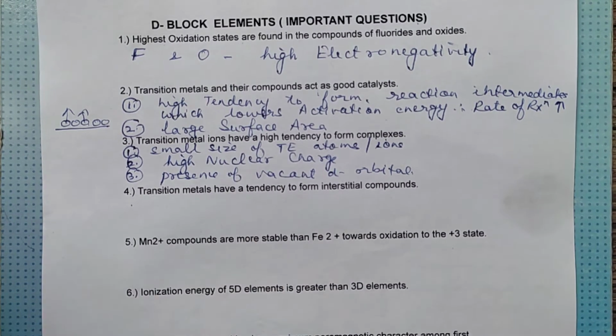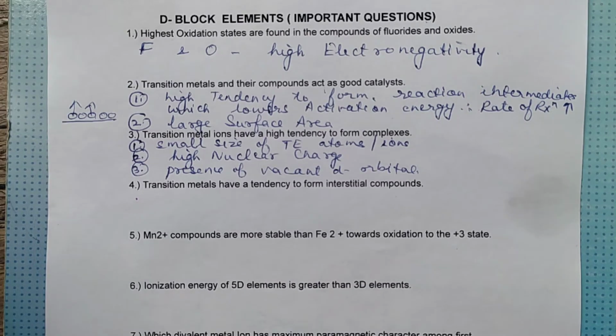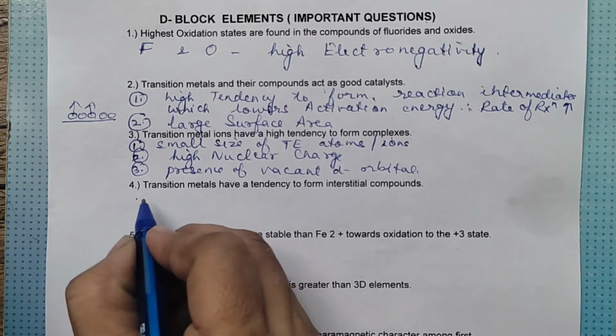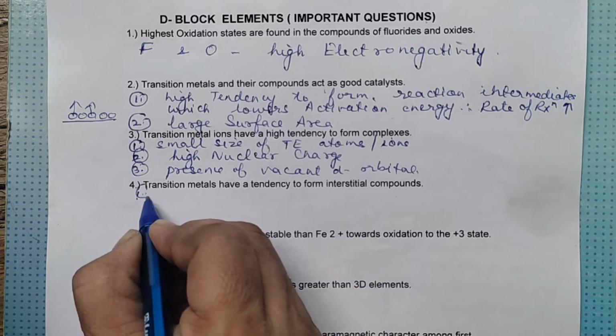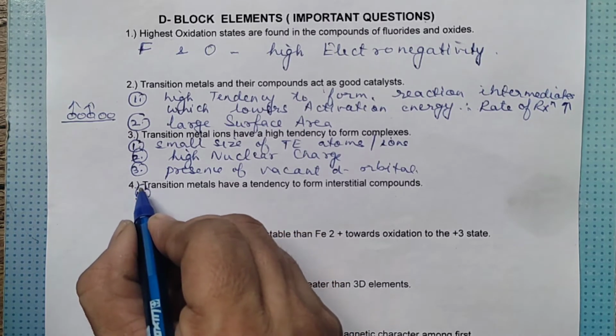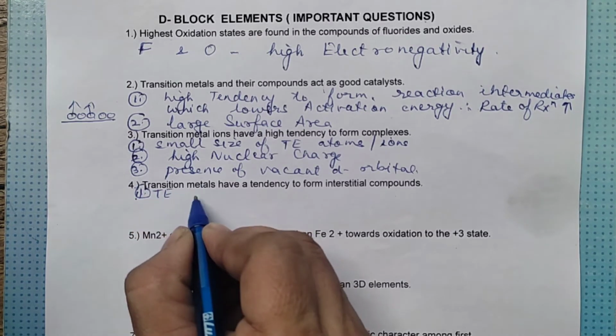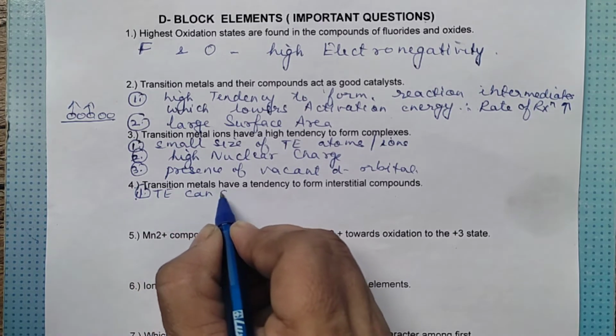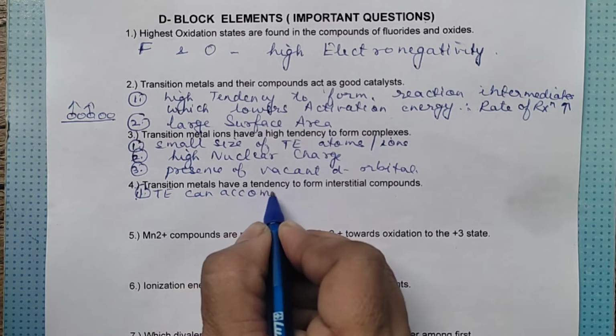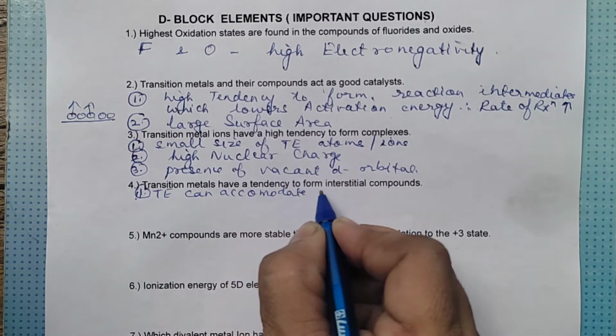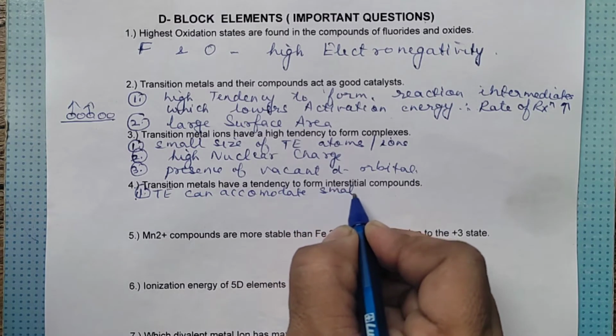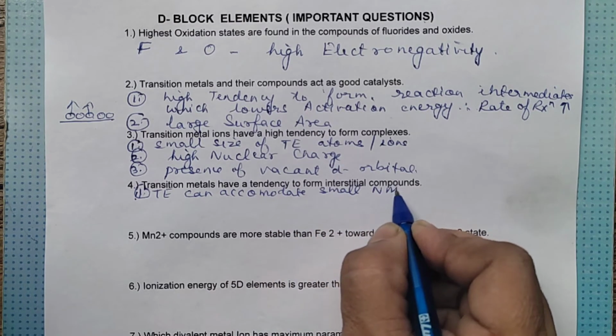The next question. The question says that these transition metals have the tendency to form interstitial compounds. Okay. Now for this, what you will write is, the first point you can mention is that the transition metals, transition elements can accommodate small non-metallic atoms.